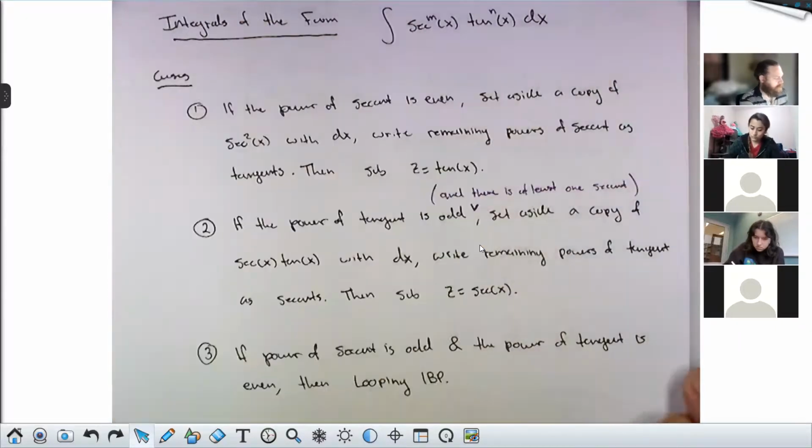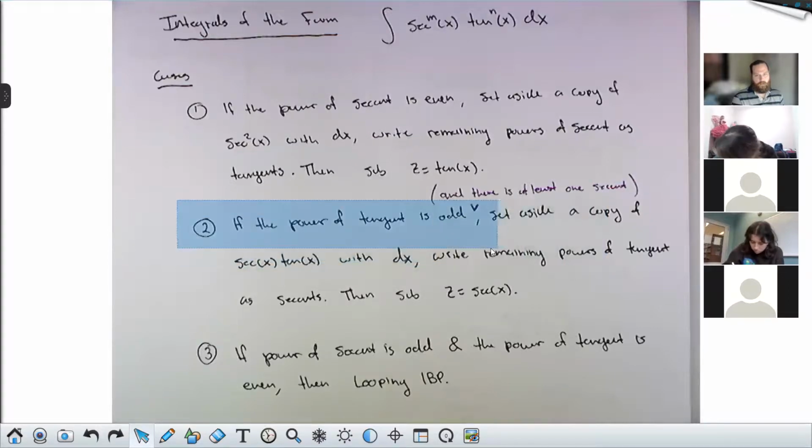Because in order to set aside a copy of secant tangent, you need a secant. So if you have just a pure odd power of tangent, you handle that the way we just did. You grab off a tangent squared to rewrite as secant squared minus 1, and then you can start doing stuff. So in order to get started with the second case, not only does the power of tangent need to be odd, you need to have at least one copy of secant.